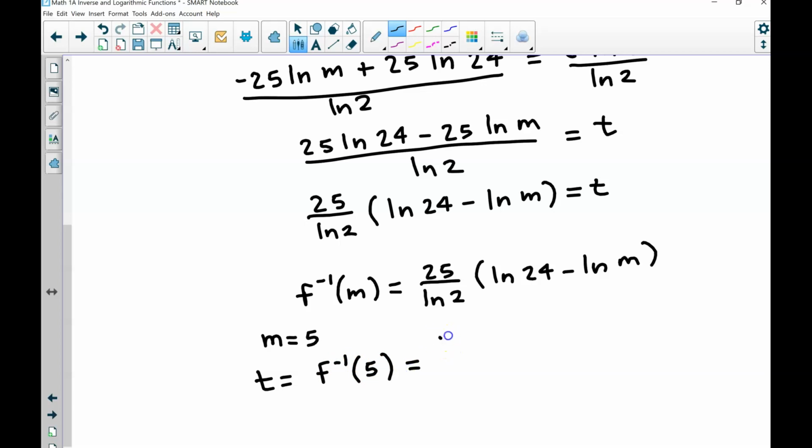And if we plug 5 into this function, then we would get approximately 57, or 56.58 years.